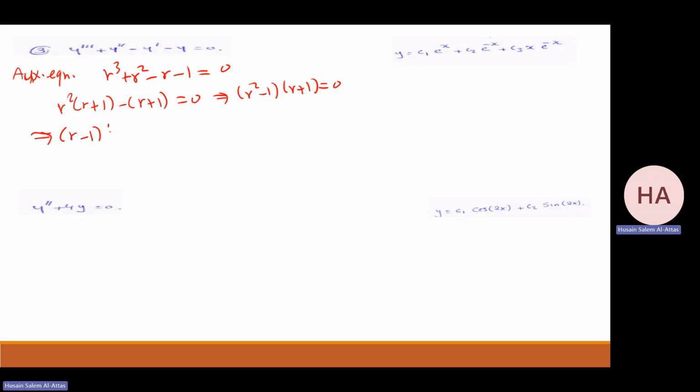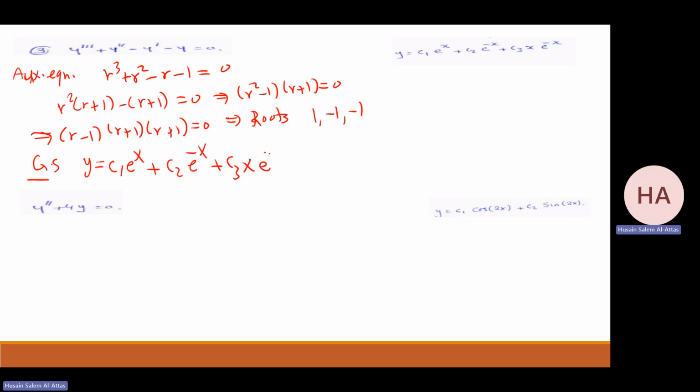So I have r minus 1, r plus 1, r plus 1 equals 0. So what are the roots? 1, minus 1, minus 1. The general solution would be y equals C1 e to the power x plus C2 e to the minus x, and that is repeated, so then I need x.